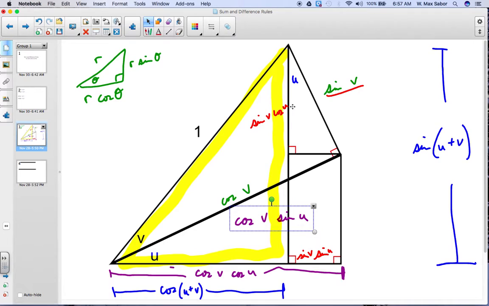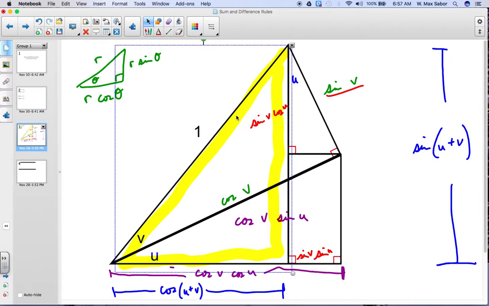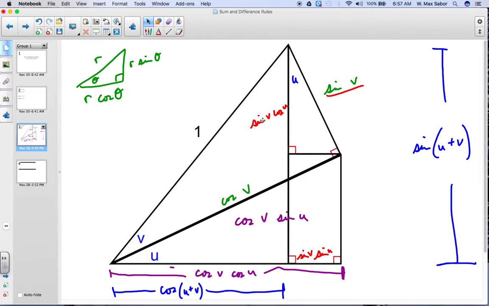And now we have two things that add up to sine u plus v. In particular, this red side plus this purple side add up to the whole height of the triangle. So this is going to be our formula for sine of u plus v. It's sine v cosine u plus cosine v sine u.